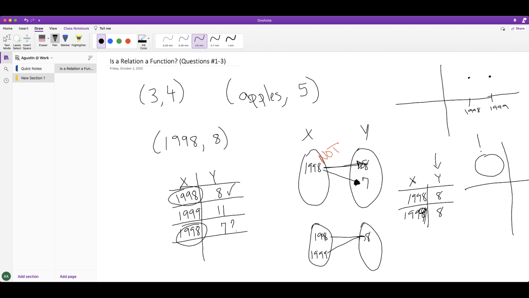If I can draw a line and it hits the graph twice, then no, this is not a function. Now, if I can draw a line and I only hit it once, like here, it only hits once, and there, because it's just points, then yes, that is a function. So no need to worry there.